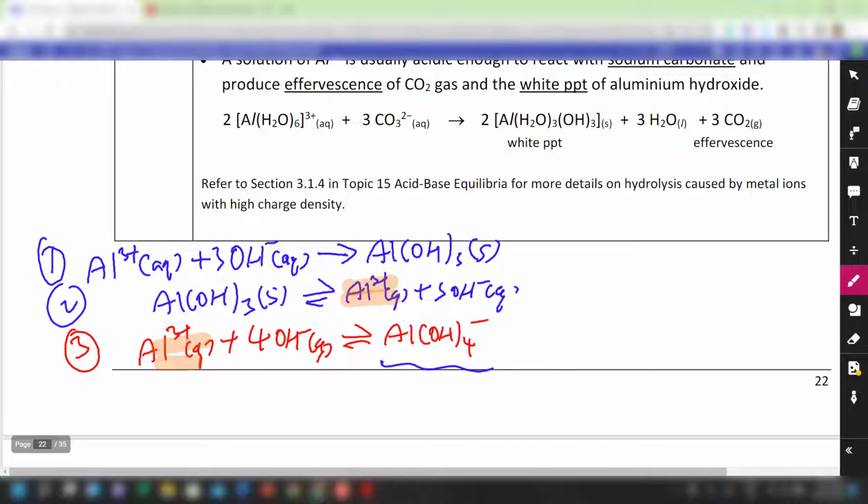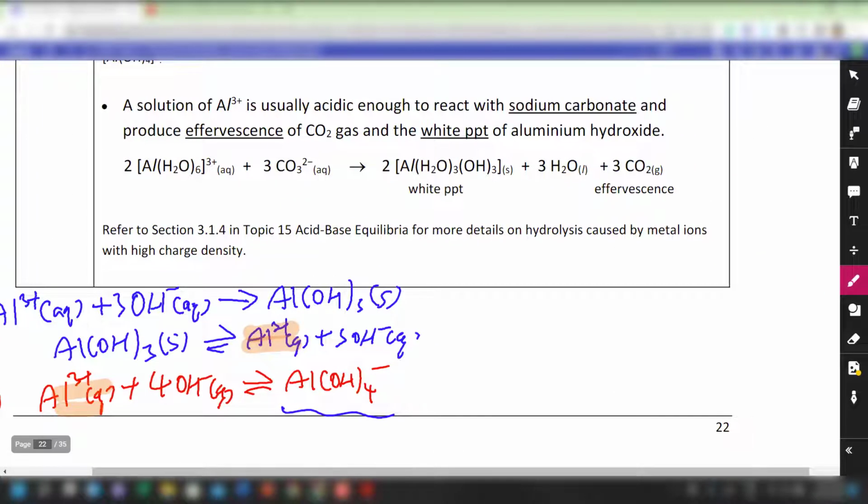Because I do not have enough OH- to form the aluminate complex, you are in a situation where there is some aluminate complex and at the same time some aluminum hydroxide. So it's quite a messy situation. I hope you can understand this particular reaction well.